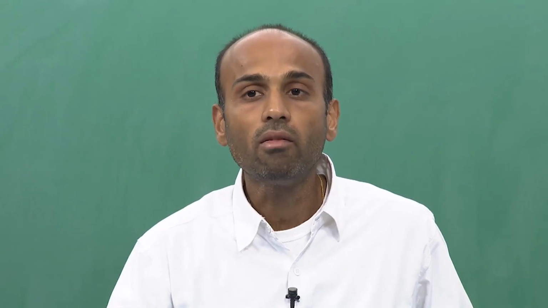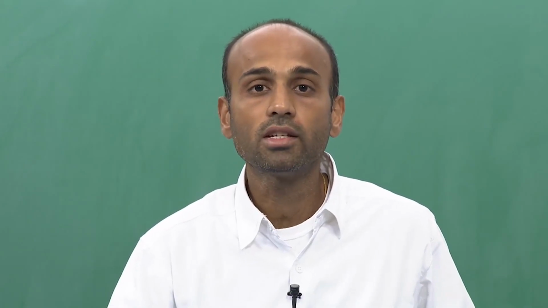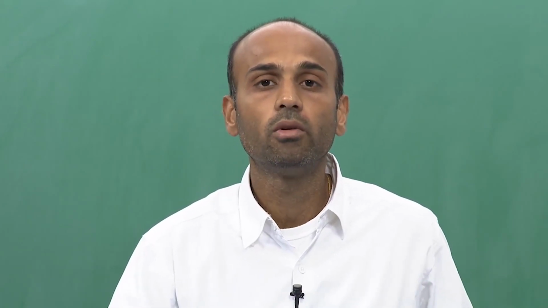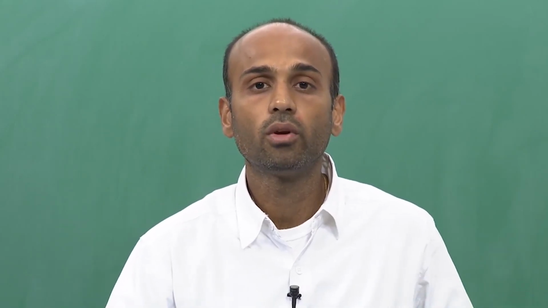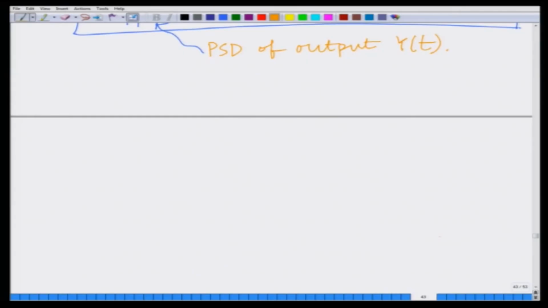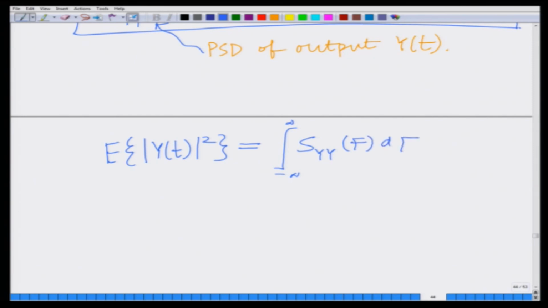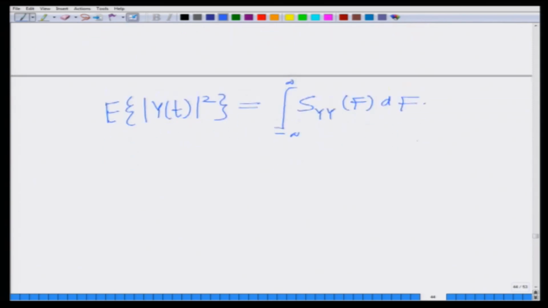Now we can find the power of this output random process, that is simply the integral of the power spectral density from minus infinity to infinity. Therefore, the power expected, remember there are several concepts that are coming together in this example, that is the integral from minus infinity to infinity of Syy of f times df.